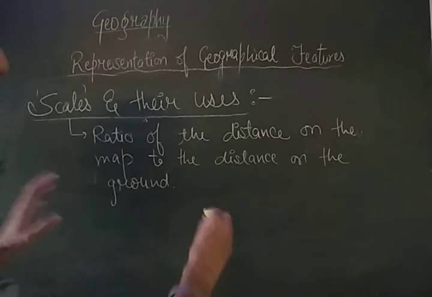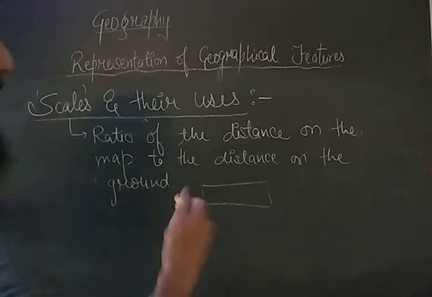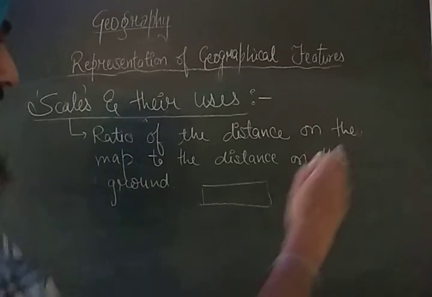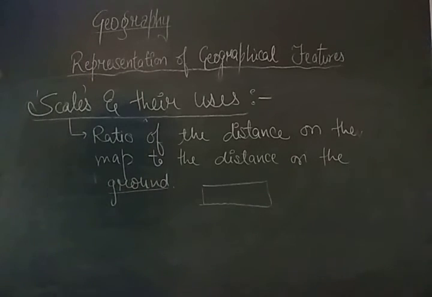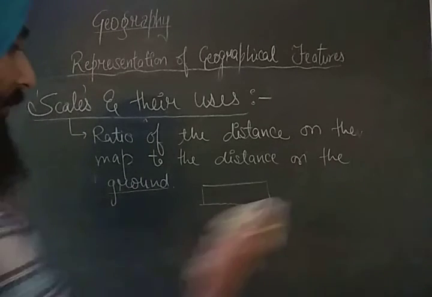We cannot make a map of 100 kilometers to represent a distance of 100 kilometers on the ground, so we need to reduce the quantity.